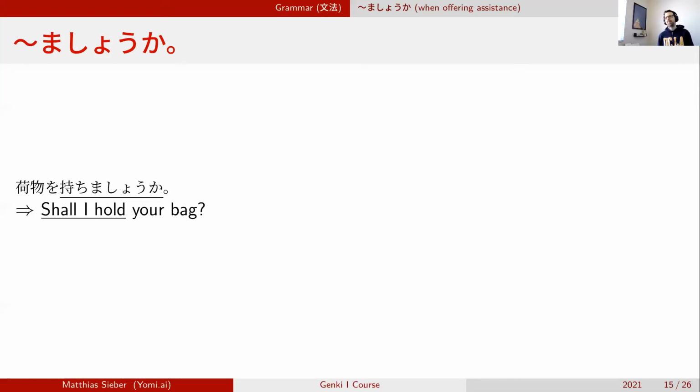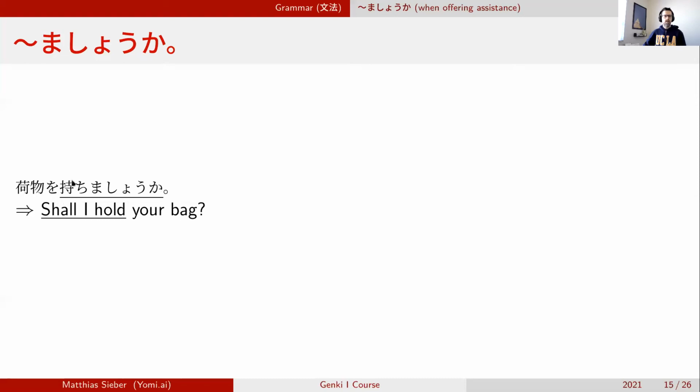荷物を持つ、second verb, 持つ. So 持ちましょう、持ちましょうか. Right. So even though we haven't, if you look at the slide for a second, so this is nimotsu, right?